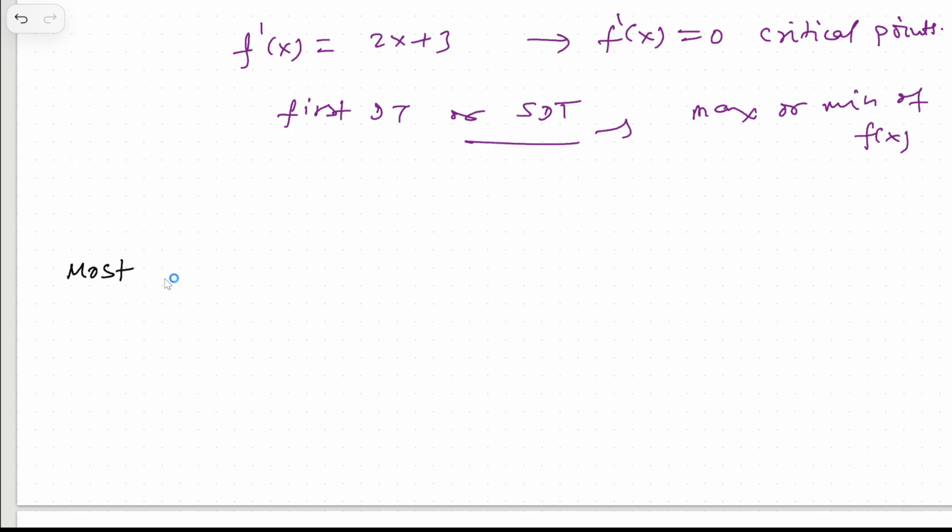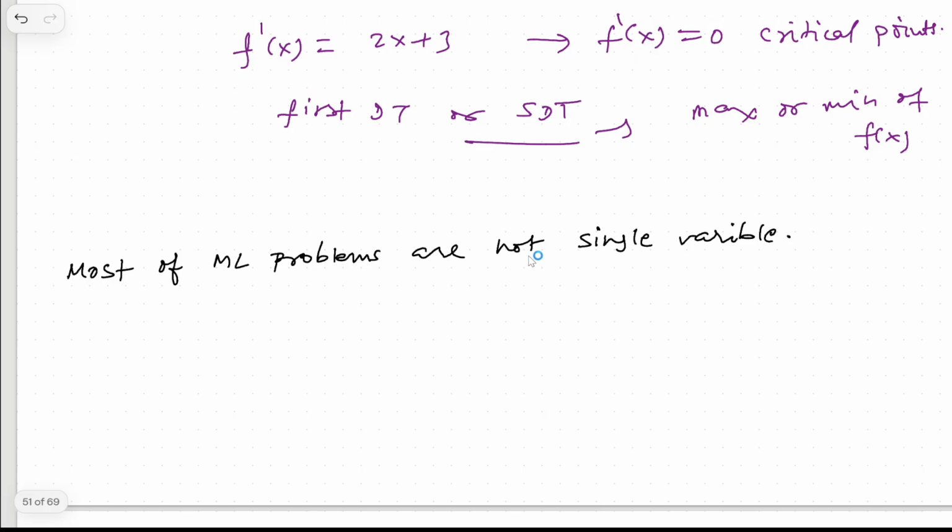Most ML problems are not single variable. Okay, that's the real problem.